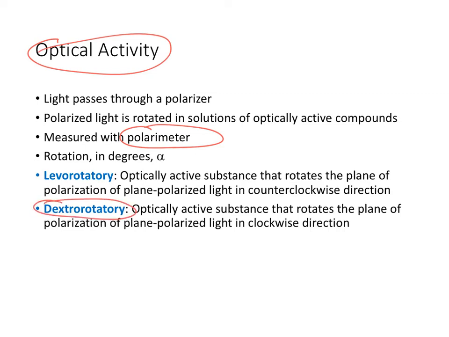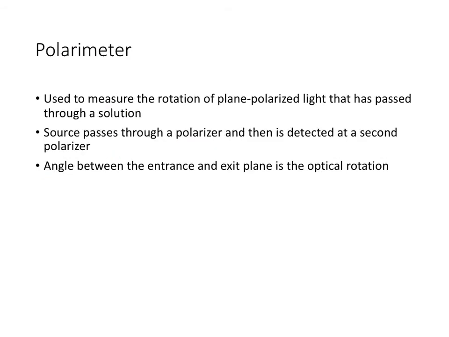Dextrorotatory refers to optically active substances that rotate the plane of polarization of plane polarized light in a clockwise direction. A polarimeter is the instrument used to measure this rotation of plane polarized light. And then the angle between the entrance and the exit plane is the optical rotation.